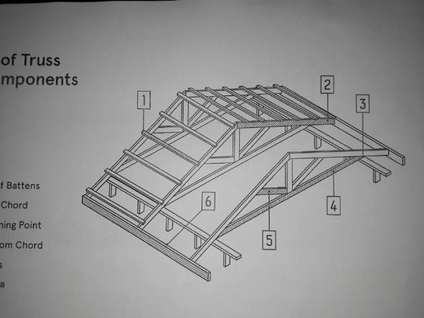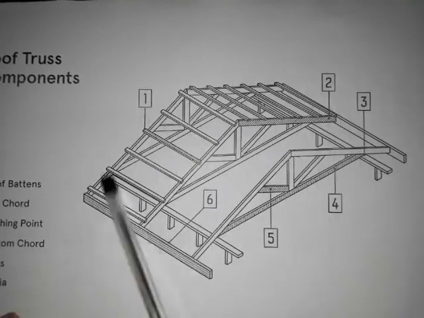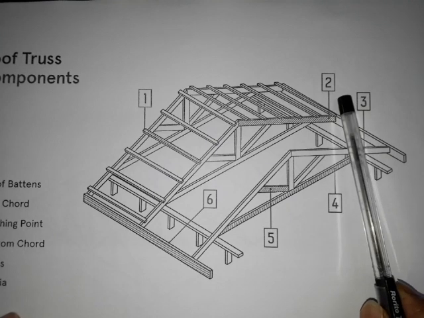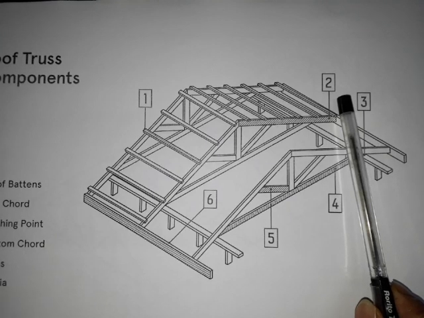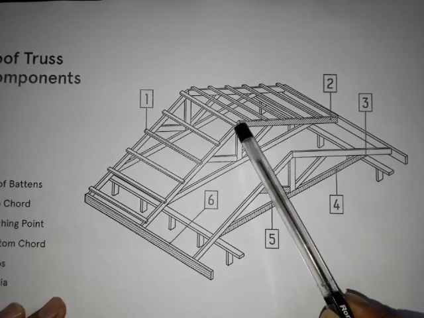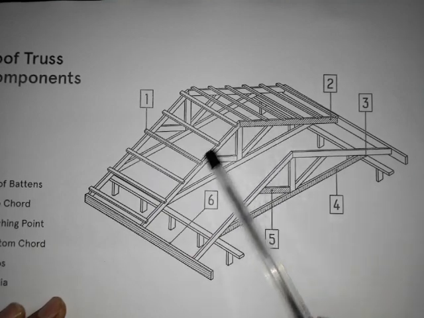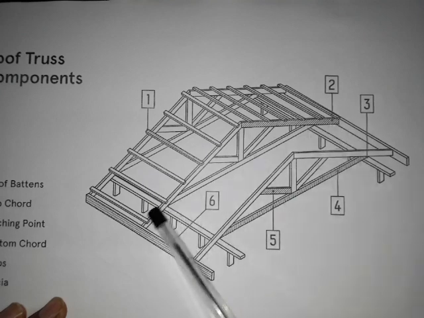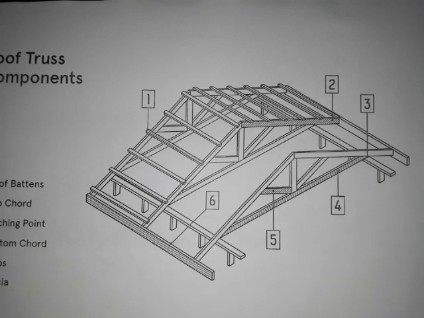A roof truss is a structural element made up of individual members. Here we can see a number of members: the vertical member, the inclined member, again an inclined member, and the horizontal member.